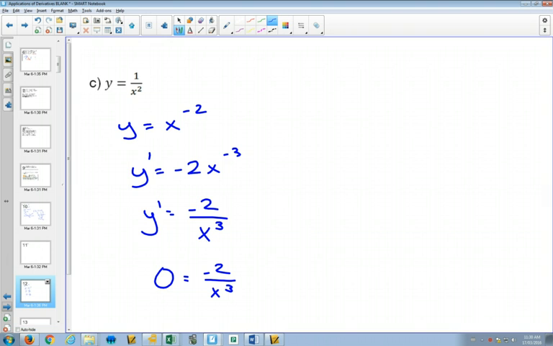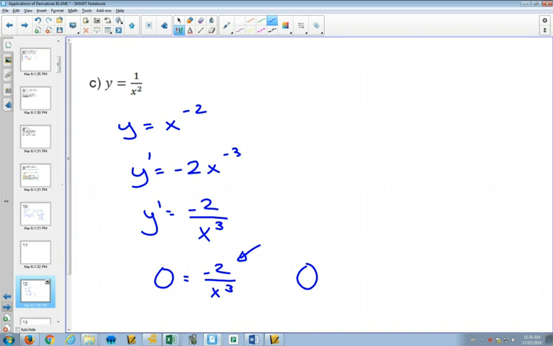Some things that are important to know. If a fraction is equal to 0, the only way a fraction can equal 0 is if the numerator is equal to 0. The numerator is the -2. Is -2 ever equal to 0? No. In fact, if you were trying to solve this, one of your strategies for solving an equation that has a fraction is to multiply to get rid of the fraction, right? So what happens if you multiply both sides by x³?